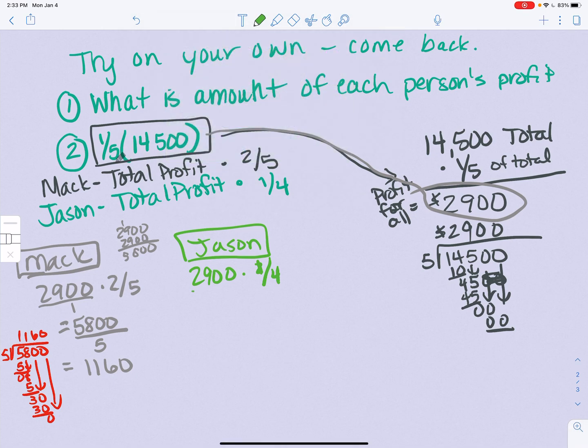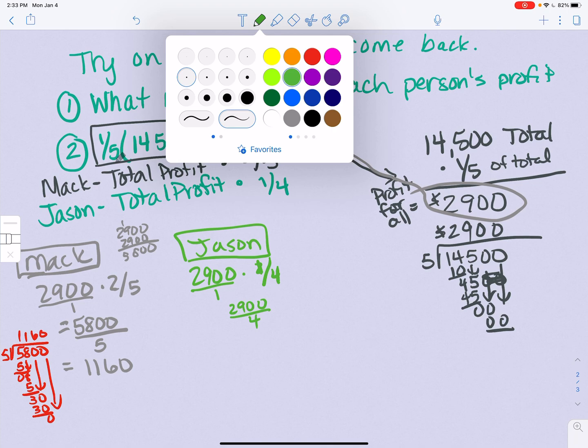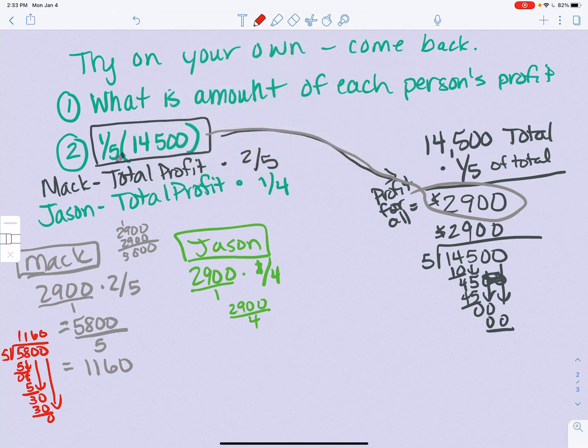Jason, we've got to do the same thing. So we're going to make this one a fraction. 2,900 times 1 over 4. Yay, I can do that one without having to calculate it off to the side. But I have to go over and do the division, which, if I had a calculator, it'd be okay, but I don't. So I'm not going to. 4 goes into 29 7 times.